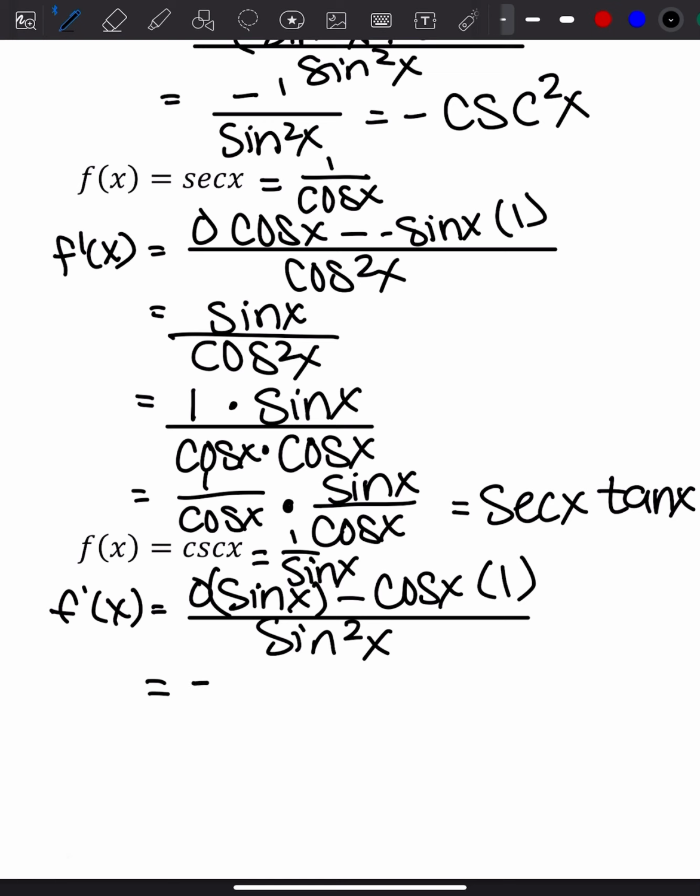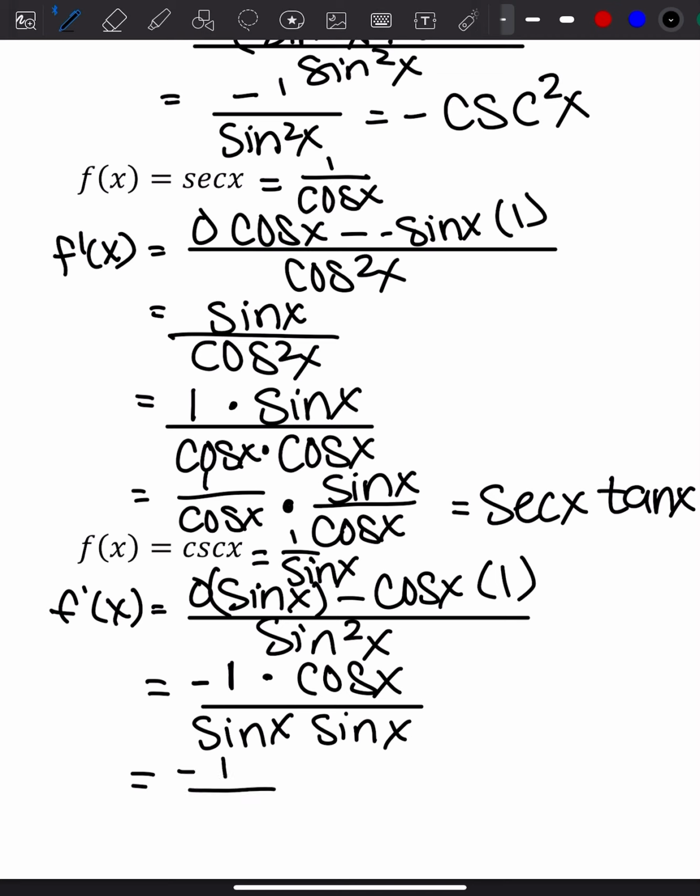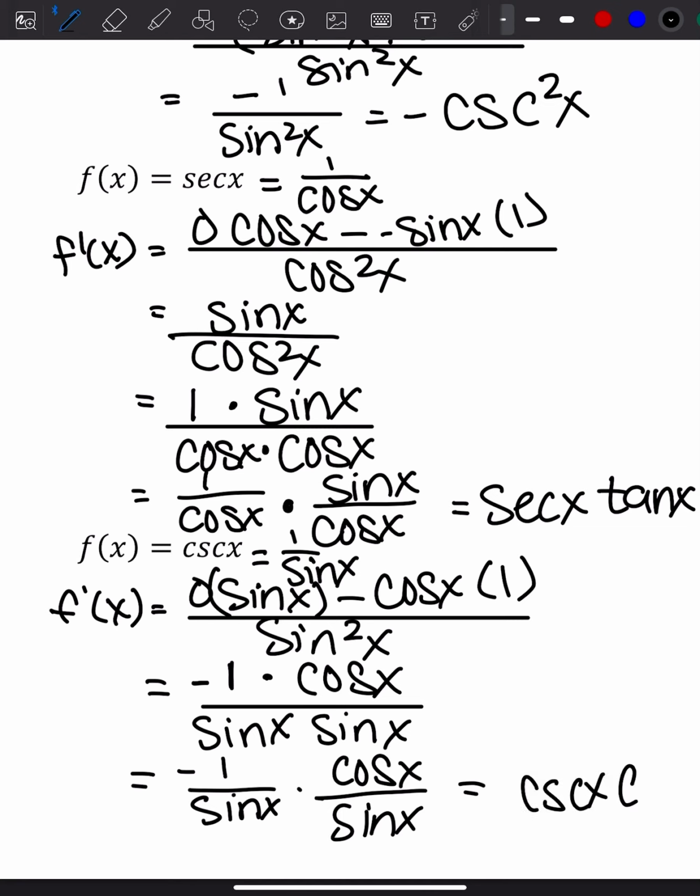So I have a negative 1 times cosine of x, and we are going to divide it by, we're going to go ahead and split up sine squared into sine times sine. Now I can split up my two fractions, so 1 over sine of x times cosine x over sine x. This gives me 1 over sine, which is cosecant, and cosine over sine, which is cotangent, and then I have a negative out front, so negative cosecant x cotangent x.